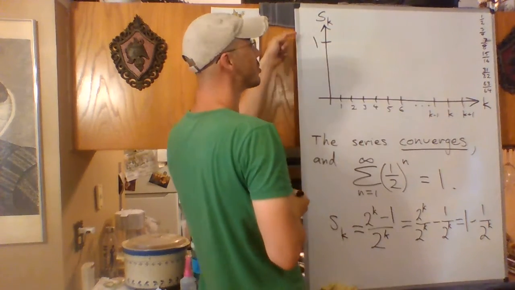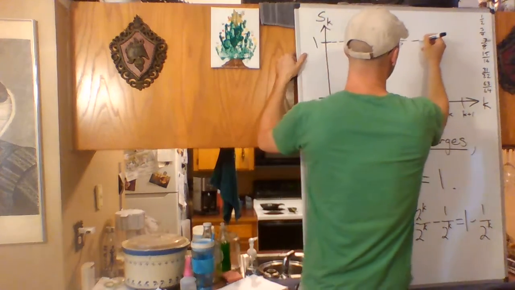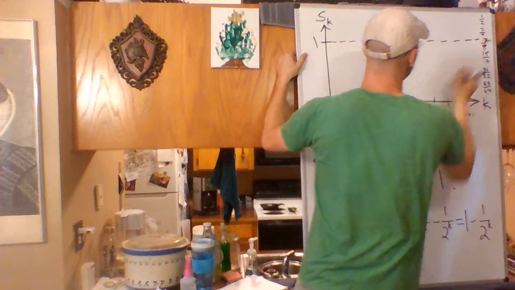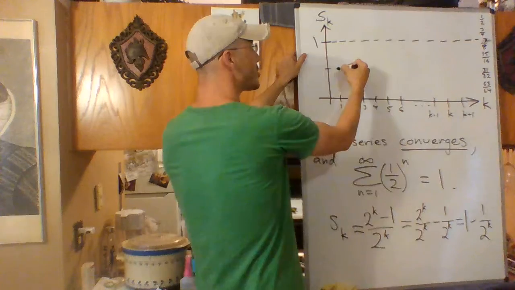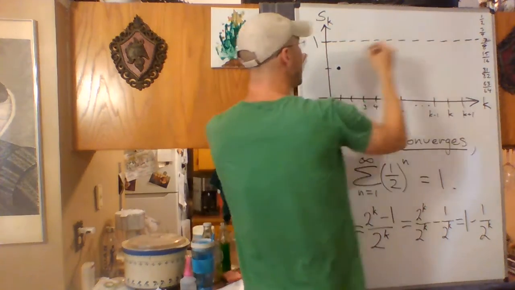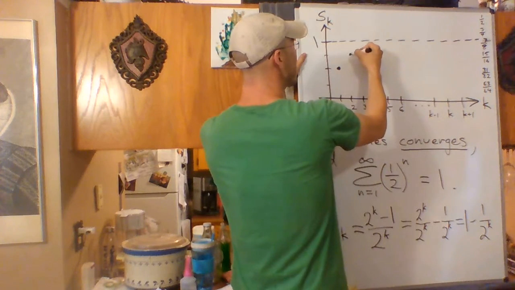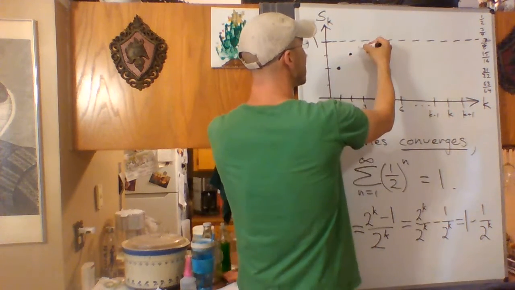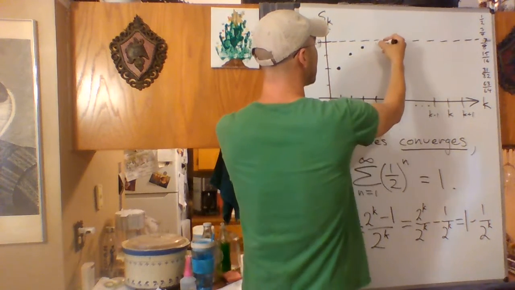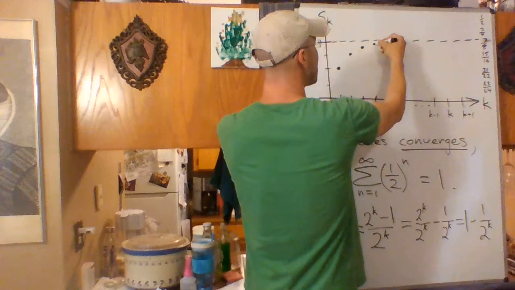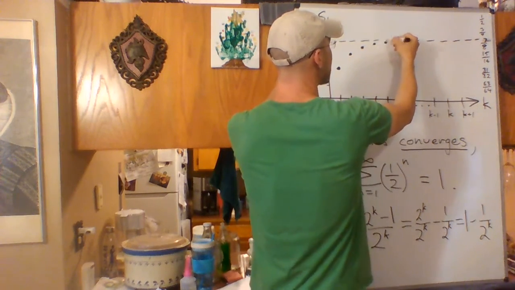So for my graph, I'm just going to put 1 on here, and let's think of that as a horizontal line. Now, my first partial sum is just the value 1/2. And then my next one, S2, is 3/4, then 7/8, then 15/16, then 31/32, getting very close.